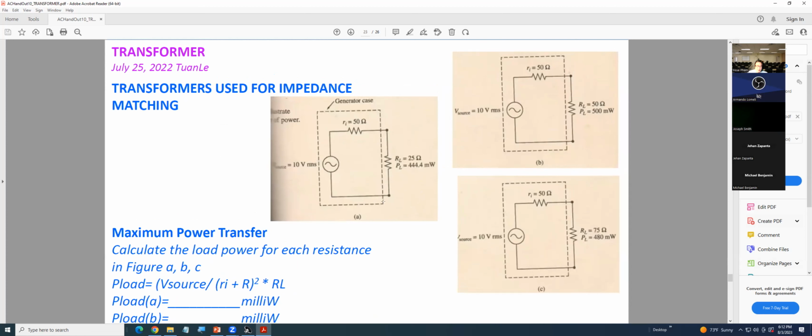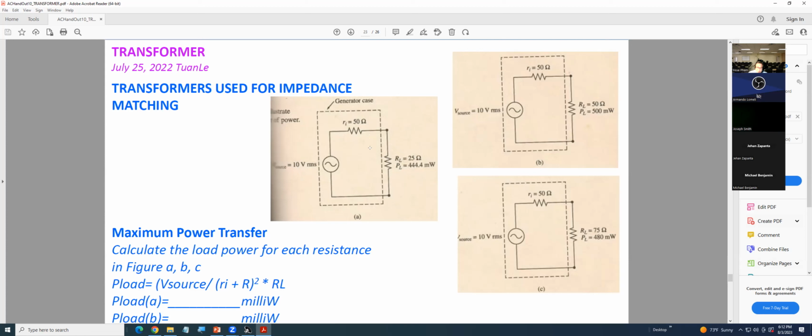Now, you see the first one, a generator here, 10 volt EMF. That is the internal resistance of the generator, 50 ohms. This is the load you connect to that.